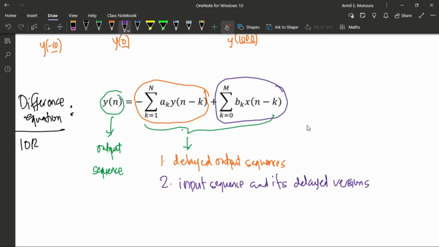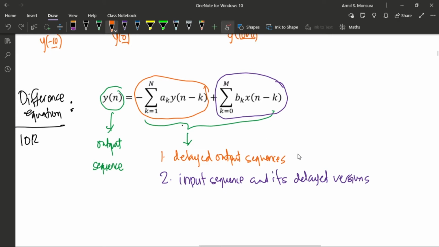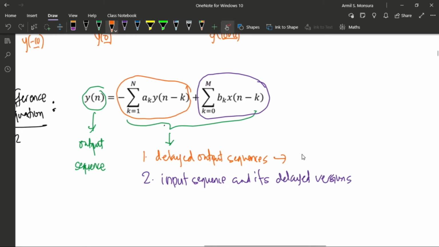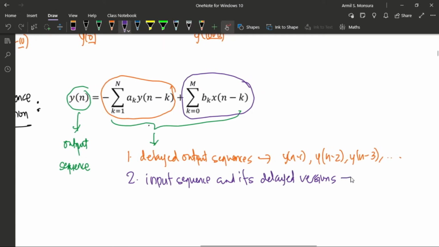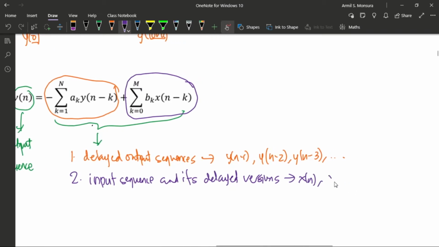So again, the delayed output sequences are y of n minus 1, y of n minus 2, y of n minus 3, and so on. And the input sequence is x of n, and its delayed versions are x of n minus 1, x of n minus 2, x of n minus 3, and so on.